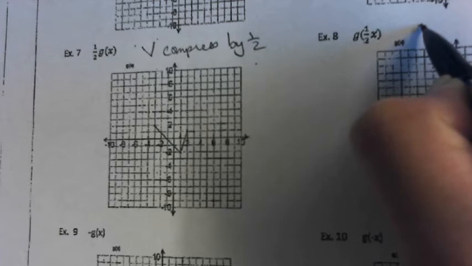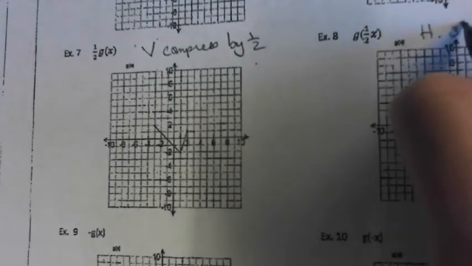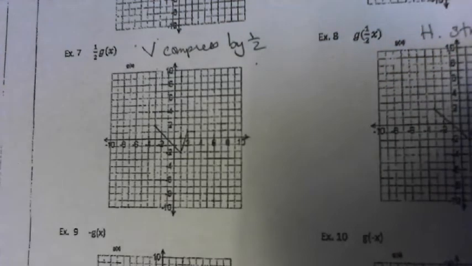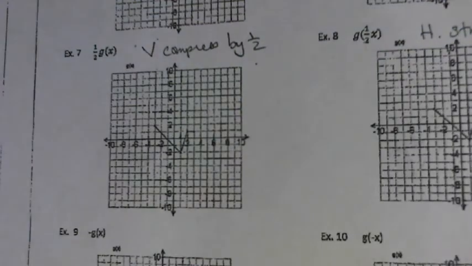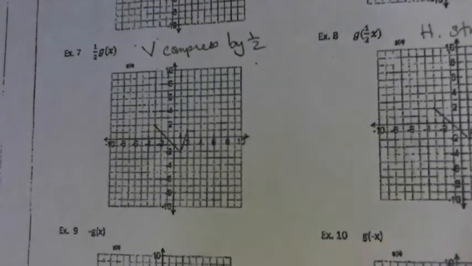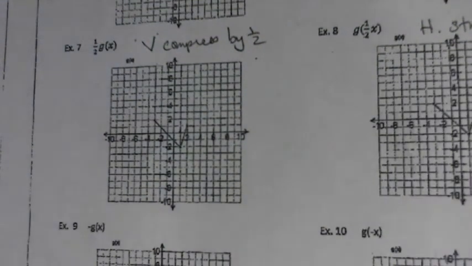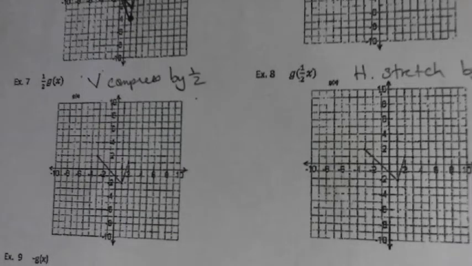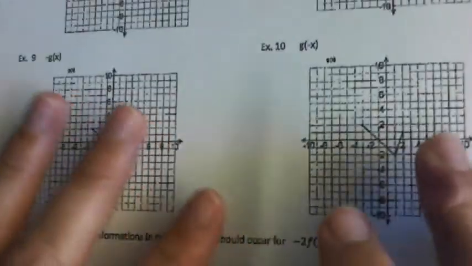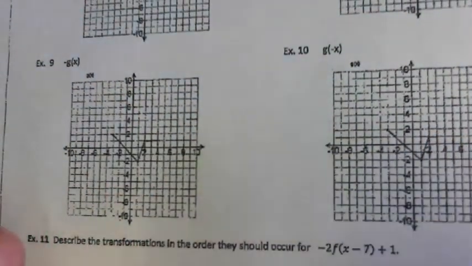Horizontal or vertical? Horizontal. Stretch is correct. We would actually just say by 2, right? That makes sense to you? Sometimes you reciprocate that because a stretch really should be a whole number and a compression really should be a fraction. Good? And then 9 and 10 give us our reflection.